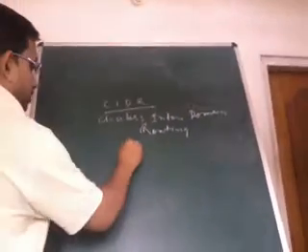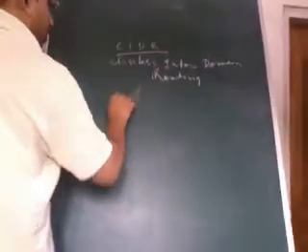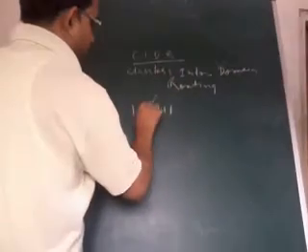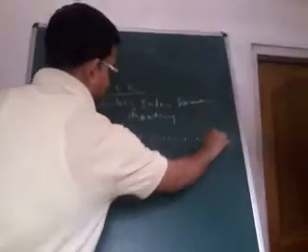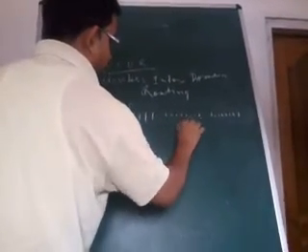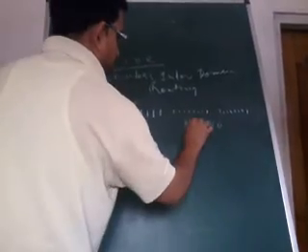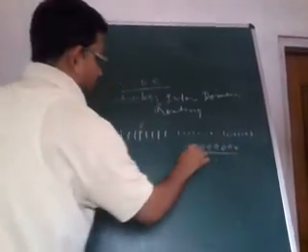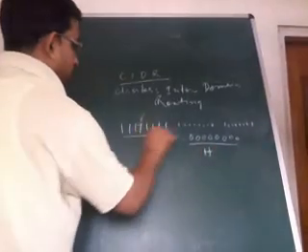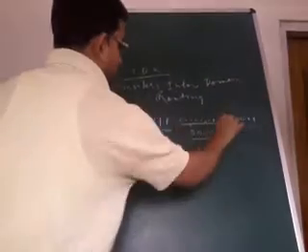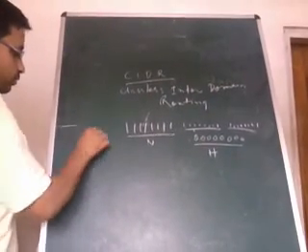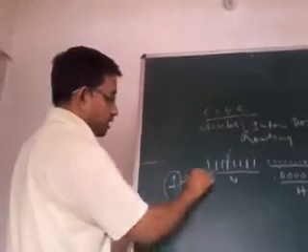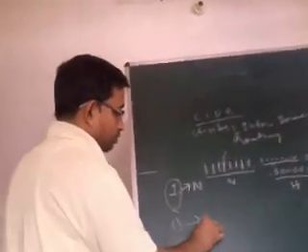Suppose you have 8 bits, 8 bits, 8 bits, and then 8 zeros. This part consisting of ones is the network part and the zeros are the host part. As a thumb rule, whenever you see 1, it is always the network part, and 0 is always the host part.